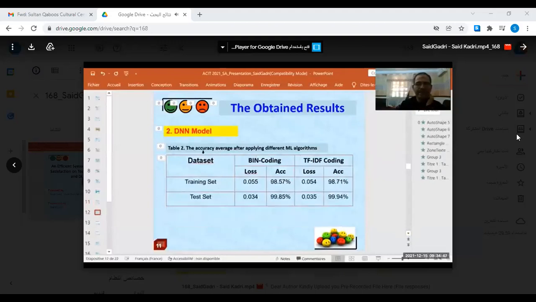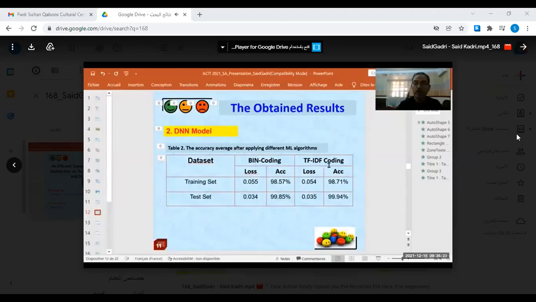For the second model, the DNN model, we have used the training set and the testing set with the binary coding and the TF-IDF coding, and we have obtained the best results in accuracy. For example, for the training set and the binary coding, we have achieved an accuracy of 98.57%, and for the testing set, we have achieved an accuracy of 99.85%.